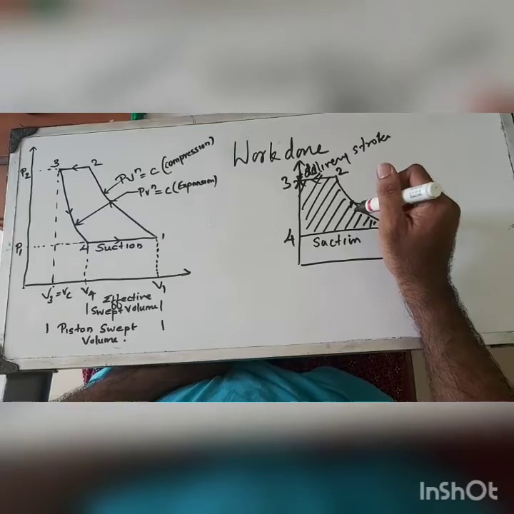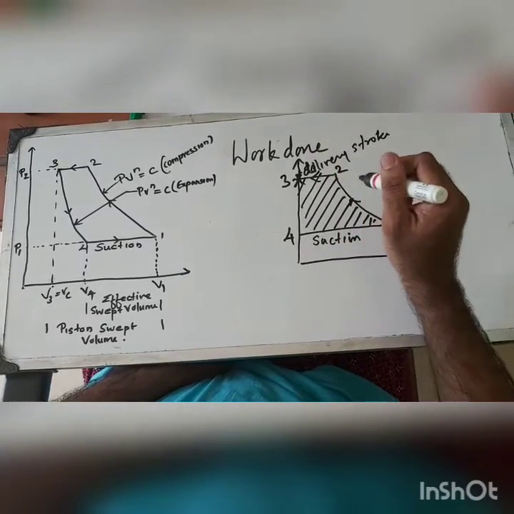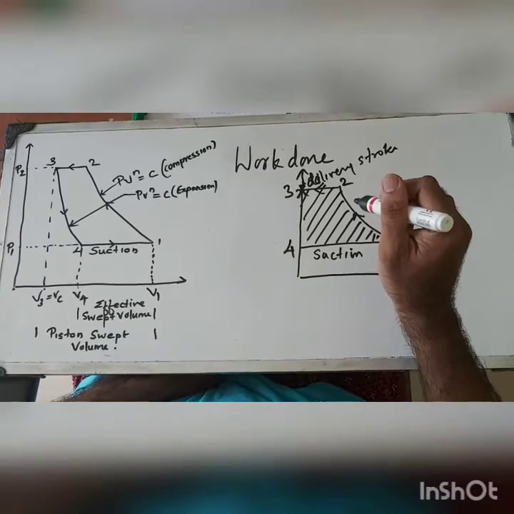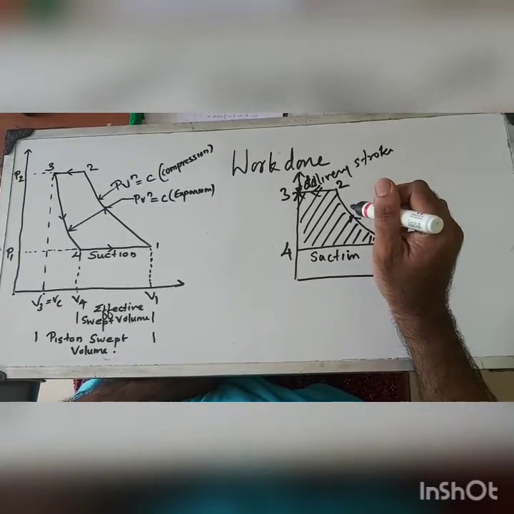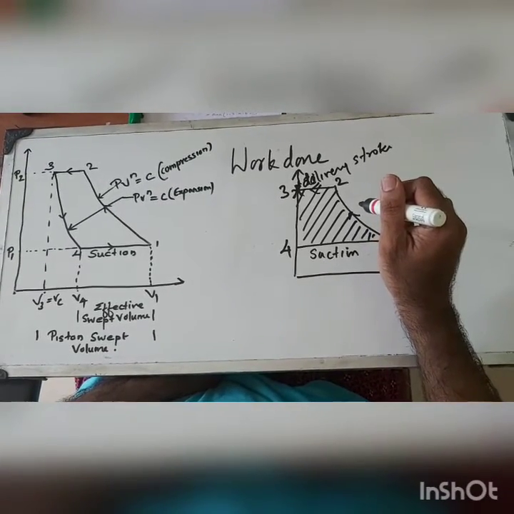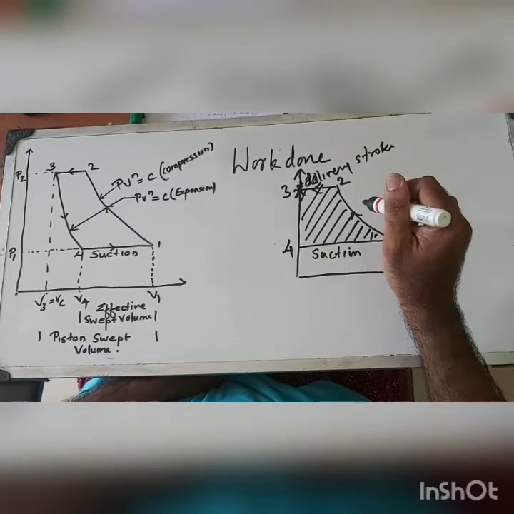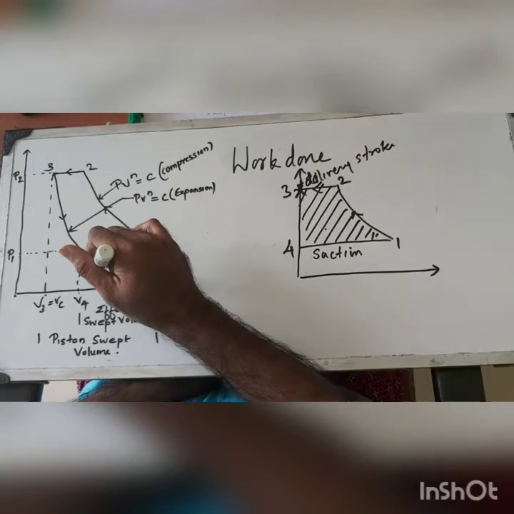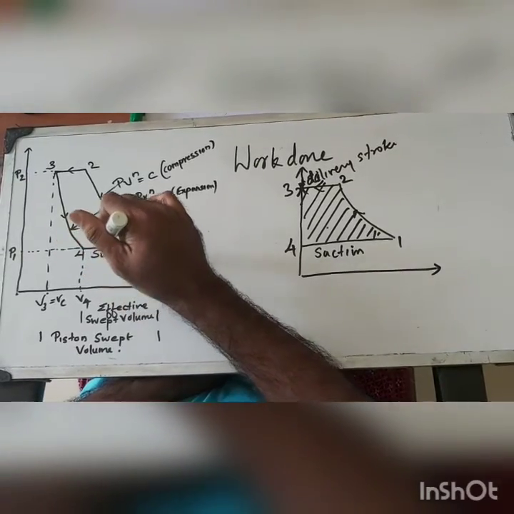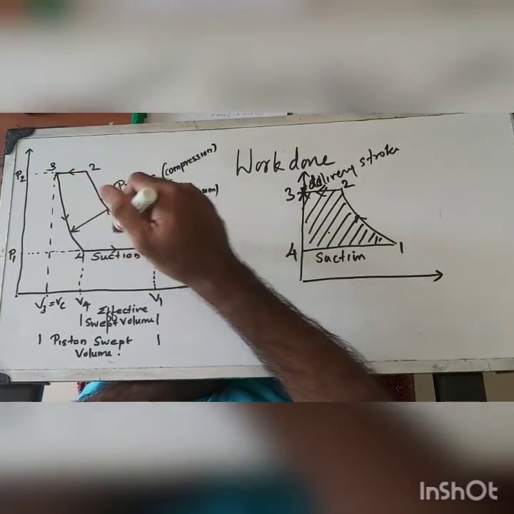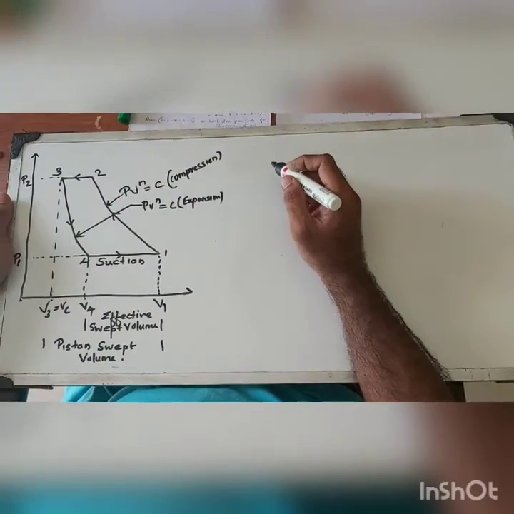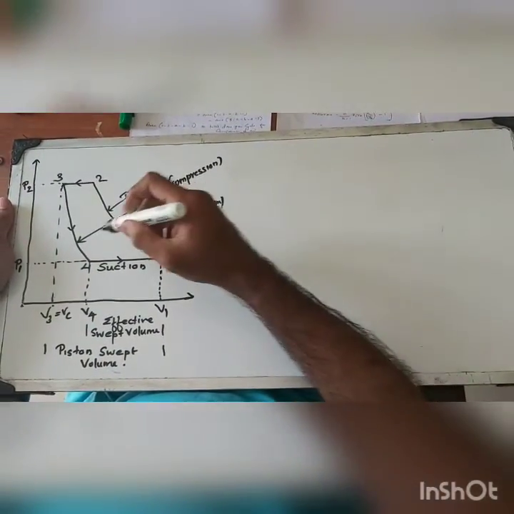So this is the main difference between the earlier diagram, which we used to find the work done for the compression process without considering the clearance volume, and this diagram, which represents work done during the compression process considering the clearance volume.